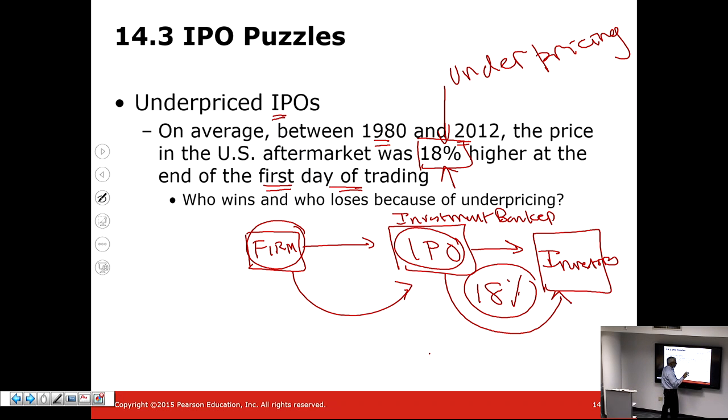But one possible explanation is that the investment banker is not willing to take risk. What kind of risk is the investment banker taking? The investment banker is selling these shares to the investors. If after they sell the shares to the investor, the stock price goes down, the investment banker could be sued that they did not do their due diligence in selling a product in the market.